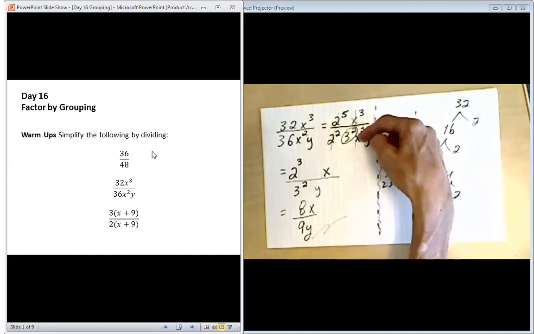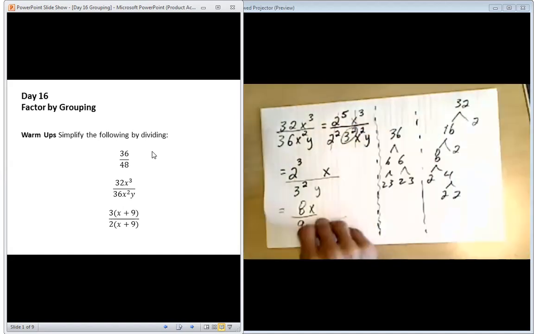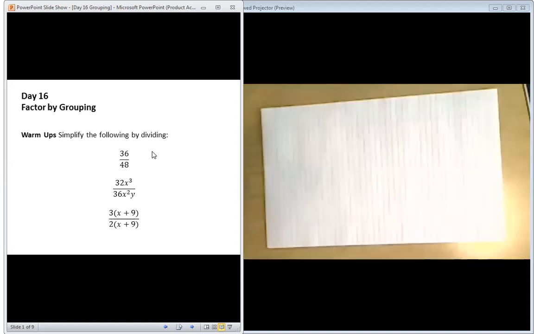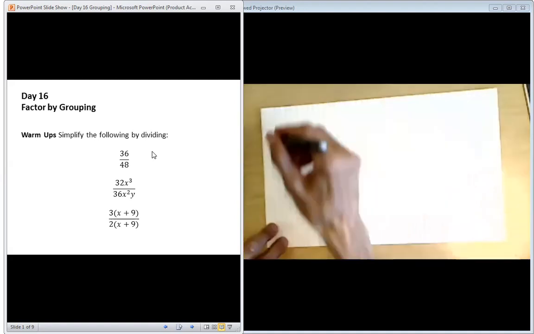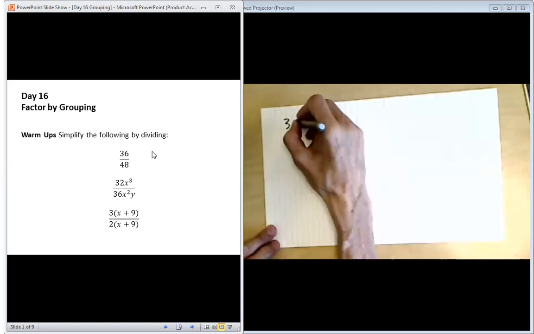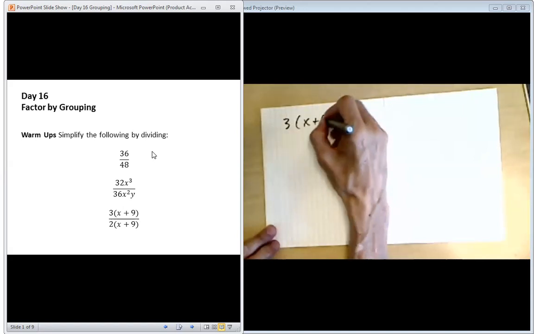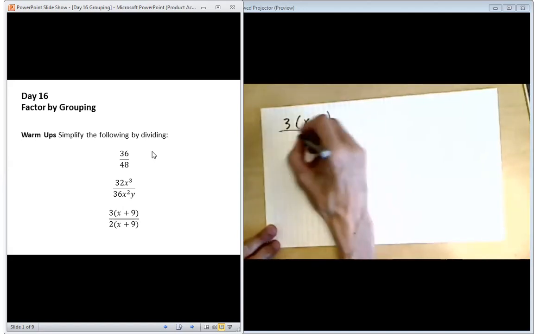Same, right? So with this question here, we have 3 with an x plus 9 over a 2 with the x plus 9.